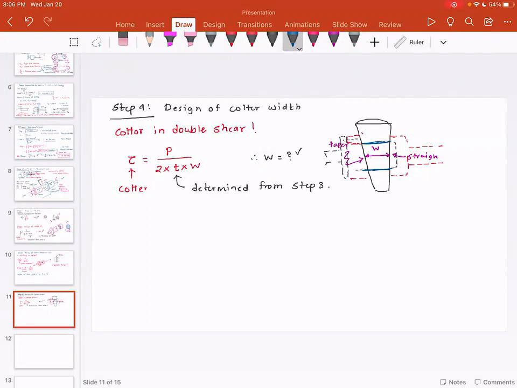So as an approximate analysis, you will find out the average value of W, and that usually works out good for design purposes. So in step 4, we find out the quarter width. Now we are going to go to step 5.